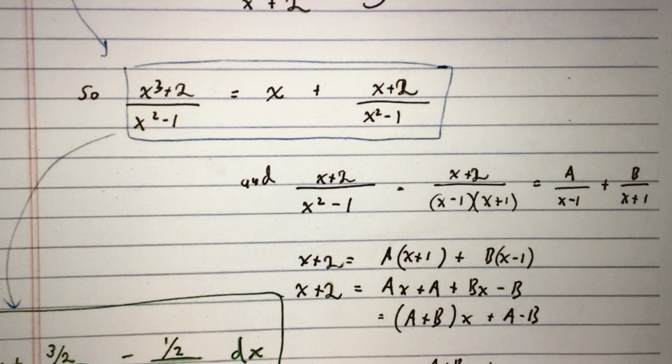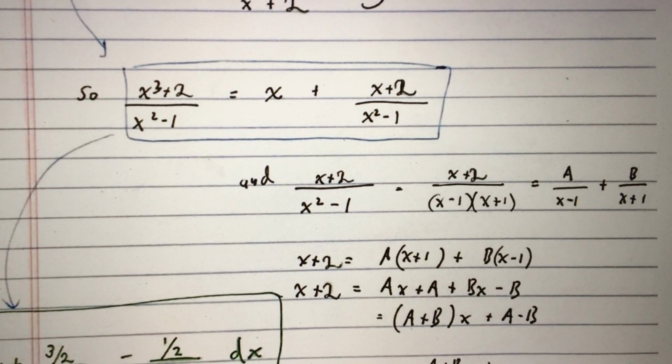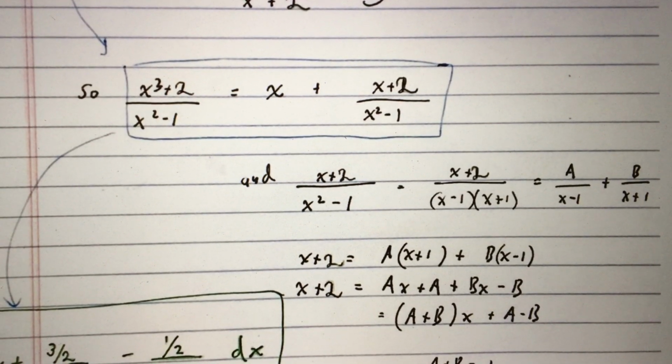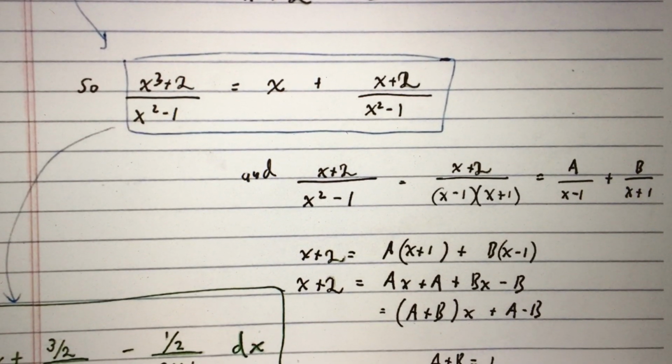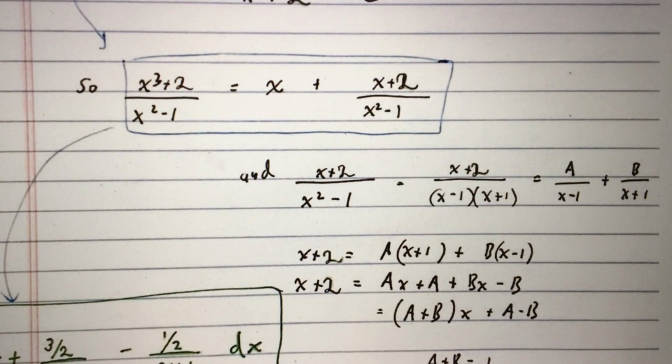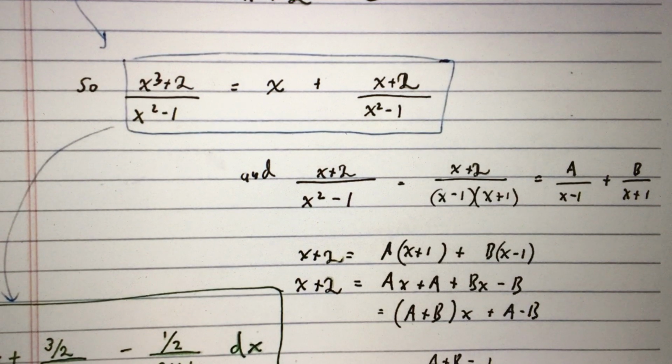And then when I finish adding together the two fractions on the right hand side of that equality, and just look at the numerators because the denominators will be all the same, I'll have x plus 2 equals A times x plus 1 plus B times x minus 1.